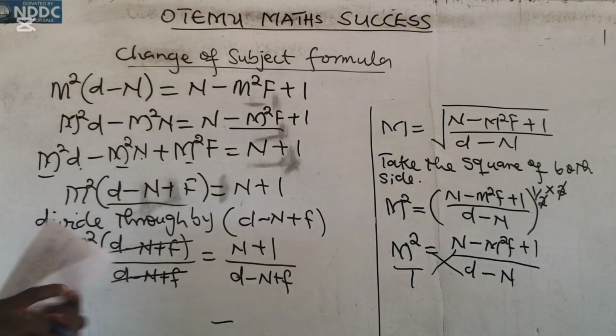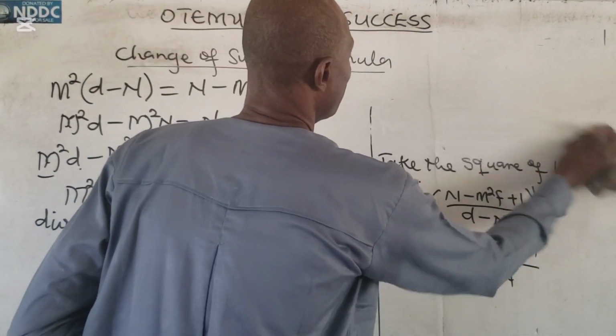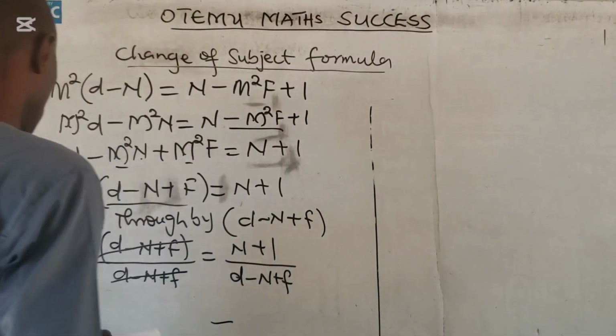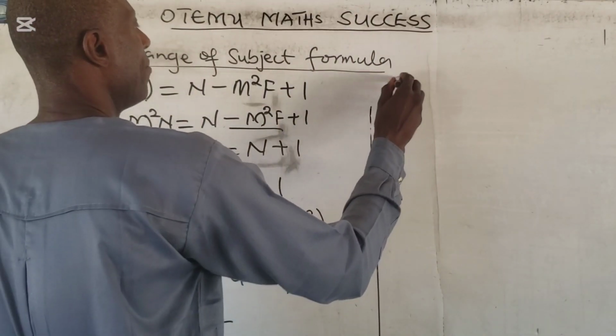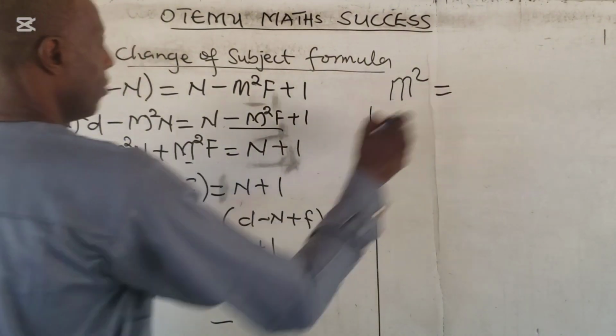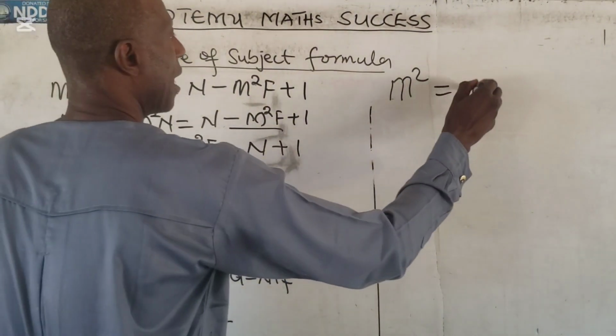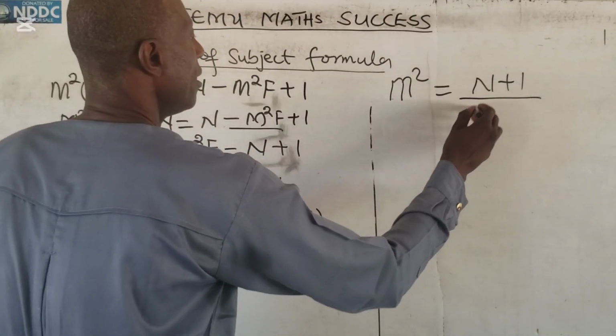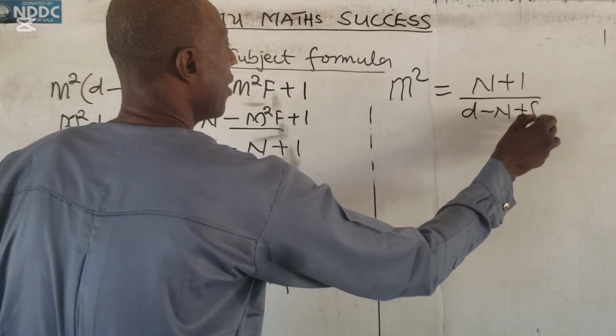Now, let me come to this other side of the board. So we're going to have our final answer. We will now have, first of all, M squared is equals to N plus 1 over D minus N plus F.